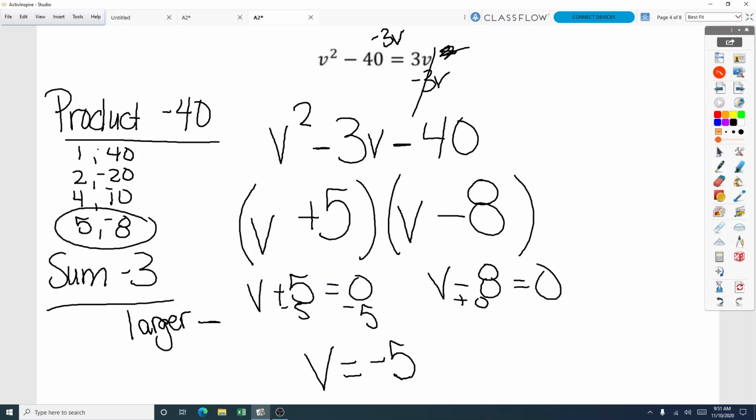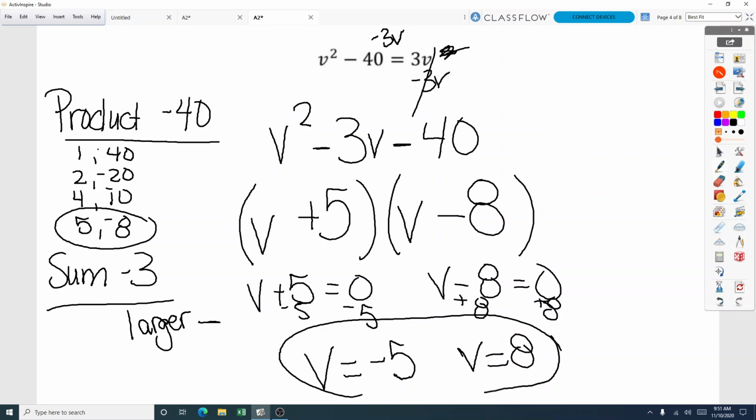This one, I add the 8. v equals 8. 2 answers today. So I make sure everything is on the same side. I factor, and then I set those factors equal to 0, and I solve. Those are my 3 steps today. Make sure everything is on the same side, factor, set those factors equal to 0, and solve.